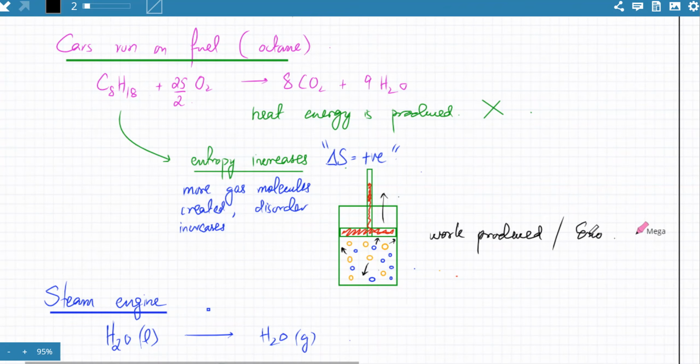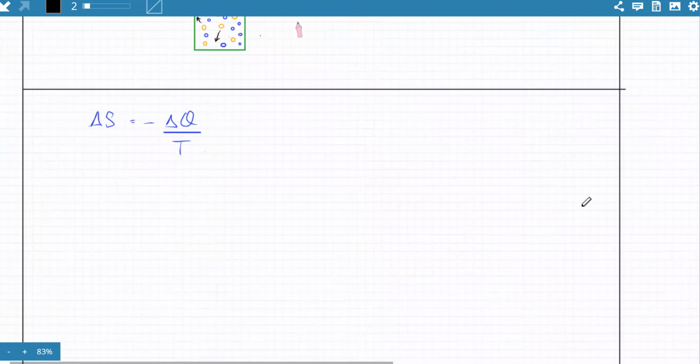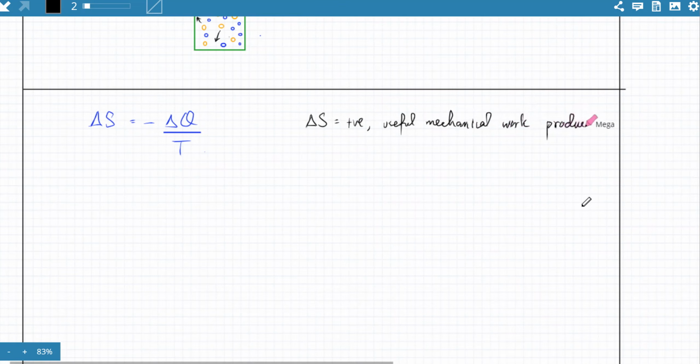So just remember that I'm going to write it over here as well. That's why you have a negative sign. So remember this, delta S: if it's positive, that means useful mechanical work is produced. Hence, energy would be exothermic.